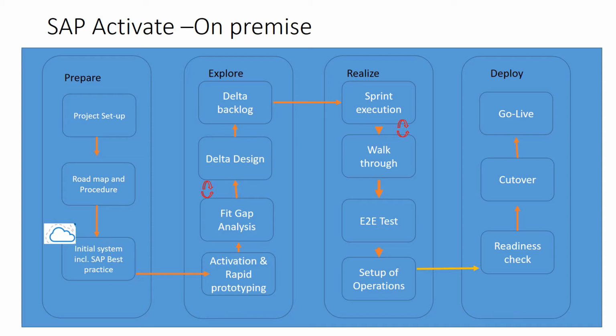Next comes the realization phase: sprint execution, walkthrough, end-to-end test, setup of operations. In the deploy phase, we do readiness check, cutover, and go-live. These are the different phases in each of the SAP Activate on-premise and cloud versions.